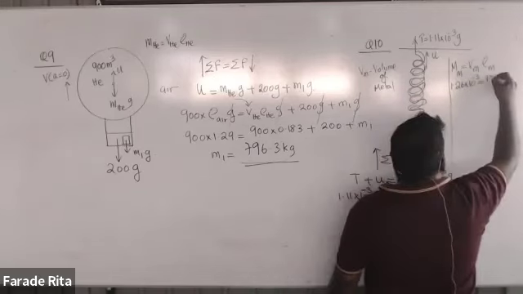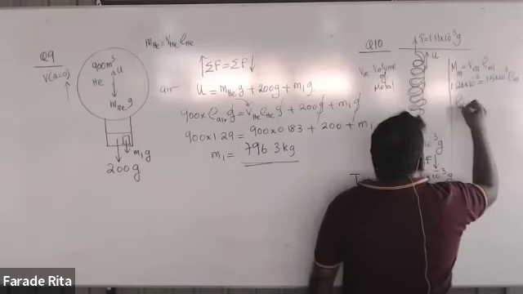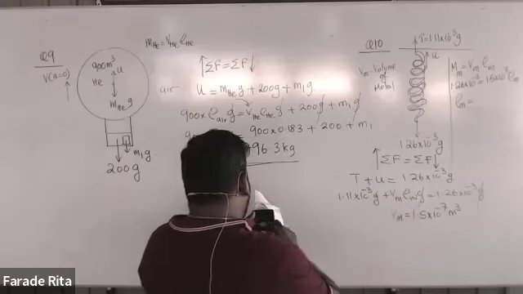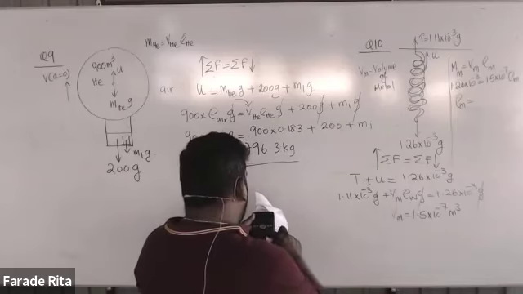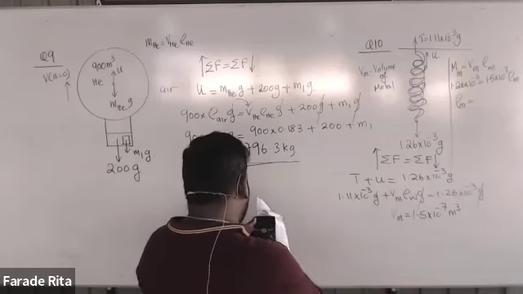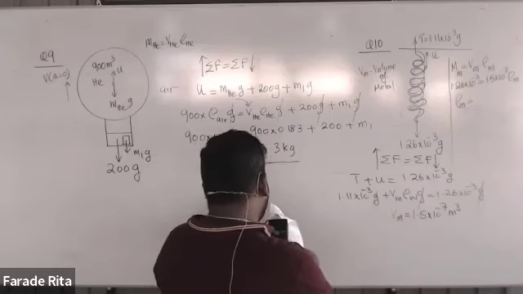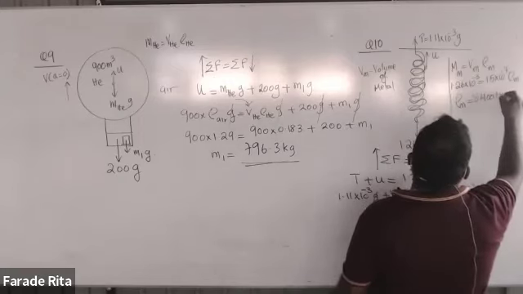Volume of the metal is 1.5, 10 to the power minus 7, density of the metal. Density of the metal you can find: 1.26, 10 to the power minus 3 divided by 1.5, 10 to the power minus 7. You will get 8,400 kilograms per meter cube.